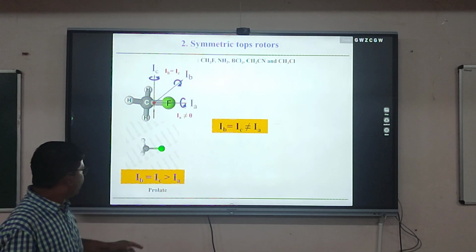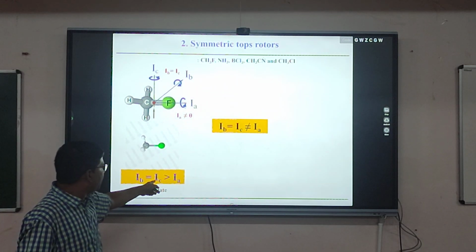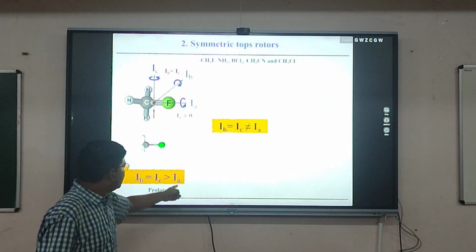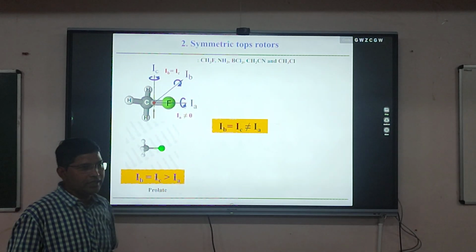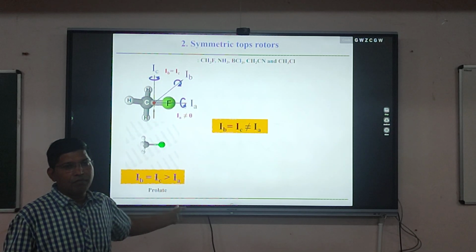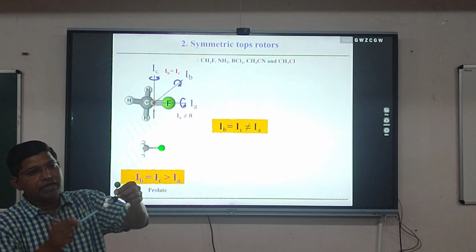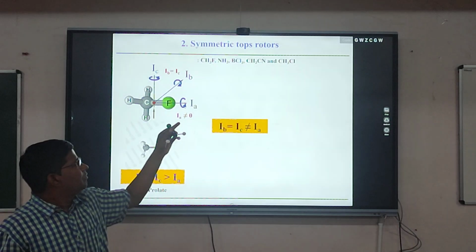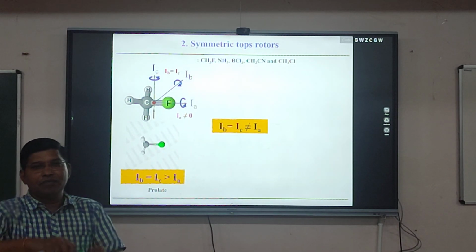When you rotate the molecule in the plane and perpendicular, the moments are equal, and they are greater than that along the bond axis. That means we need more moment of inertia for rotating the symmetric top molecule compared to rotating it along the bond axis.